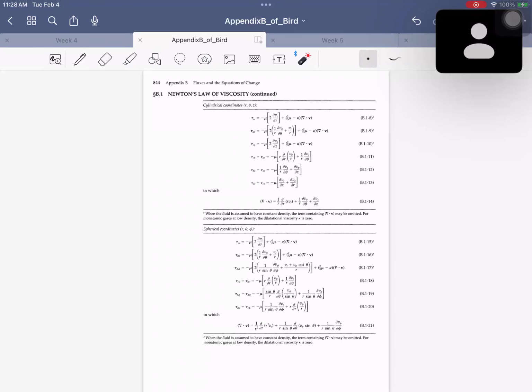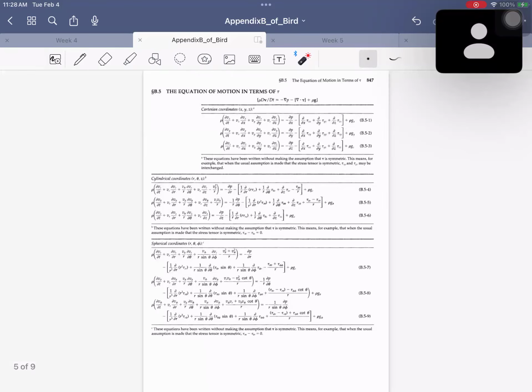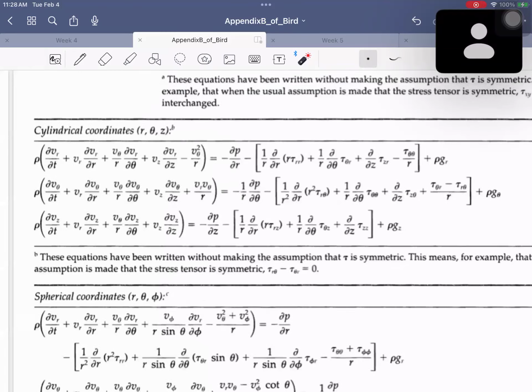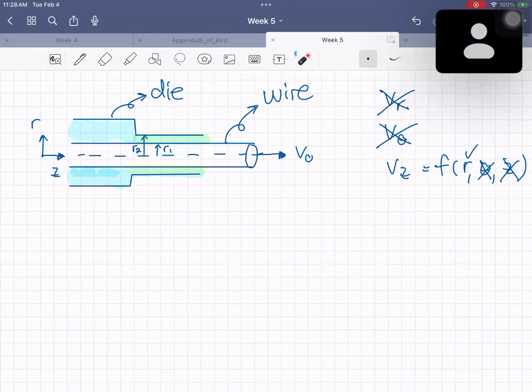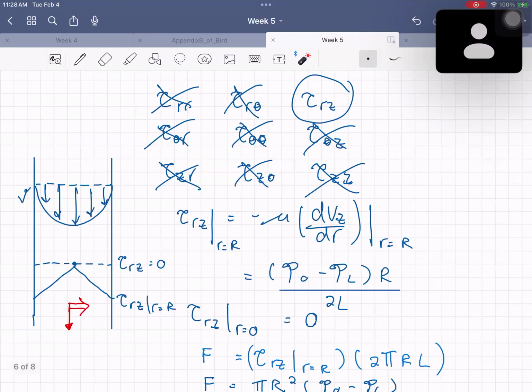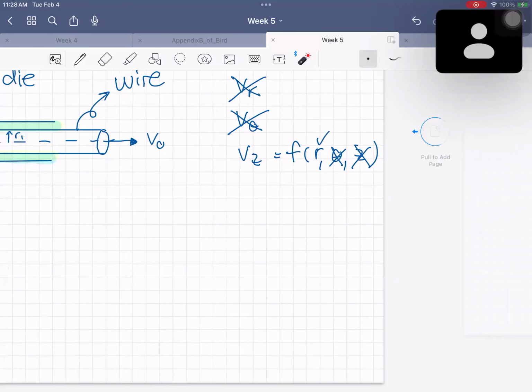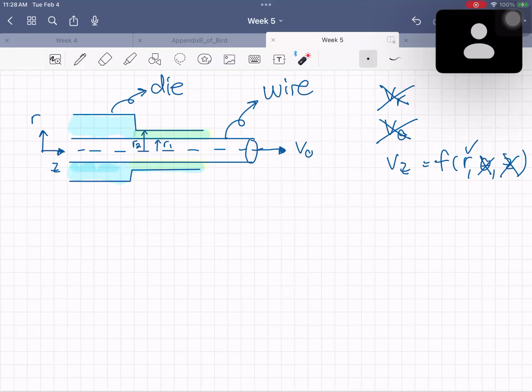So let me use the B5 equation. We are applying the cylindrical coordinates. We have a total of 9 components of shear stress, like I mentioned last time. In this problem, what components of shear stress do we have?